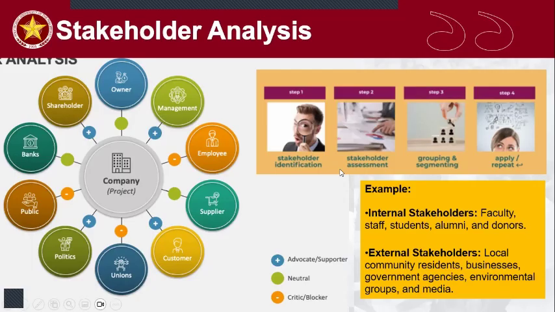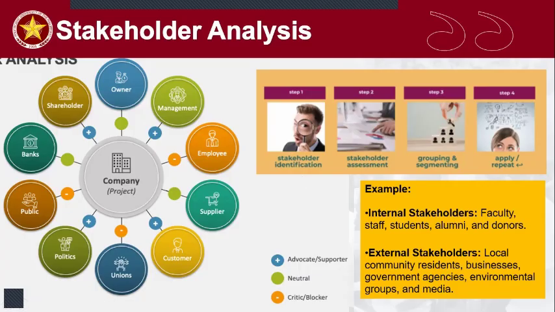So here, who are the stakeholders? You can categorize them by first identifying, are they really an advocate or a supporter? Are they neutral? Are they a critic or blocker in the organization?